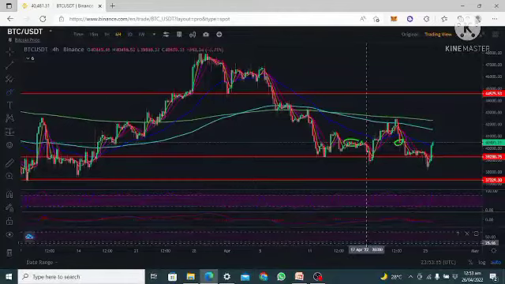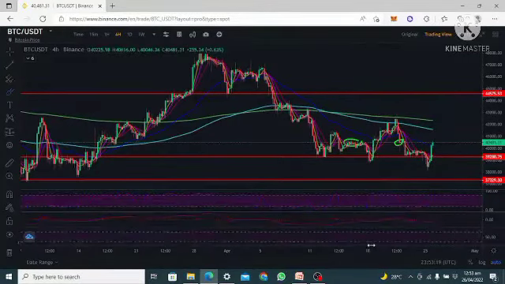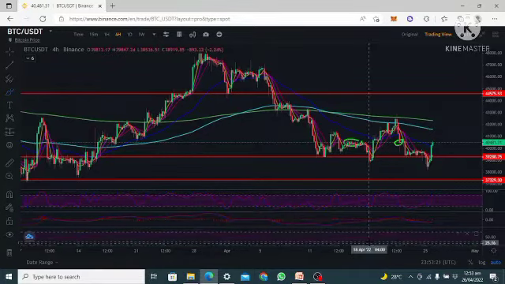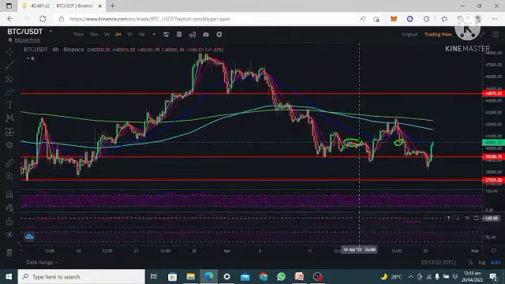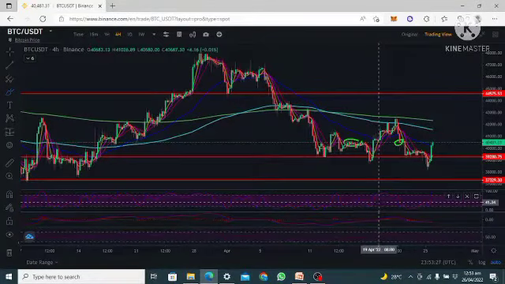If you look at your RSI, you can see it is also low. Your RSI is low, and if you look at your MACD as well.